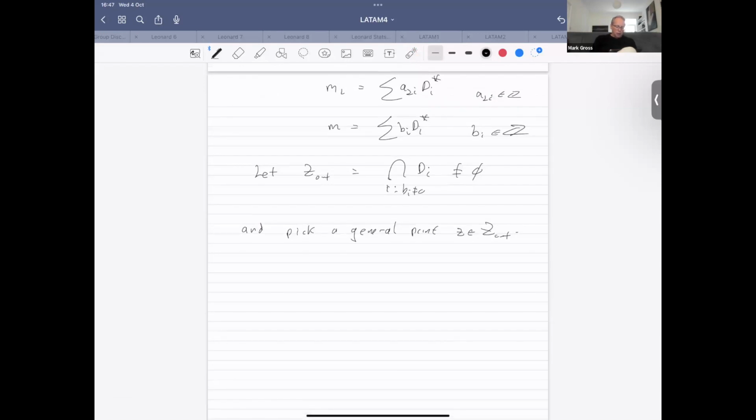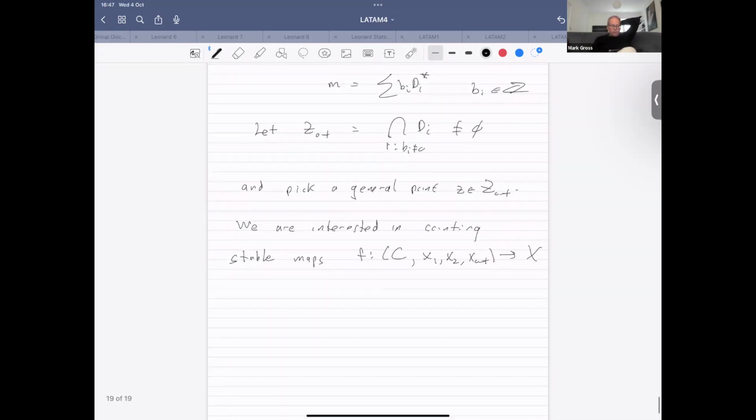Okay, so we are interested in counting stable maps, which I'm going to write as f from C with three marked points, I'll write as x1, x2, x out, to X. That's our target space. Our X is our log Calabi-Yau, where the genus of C is 0.